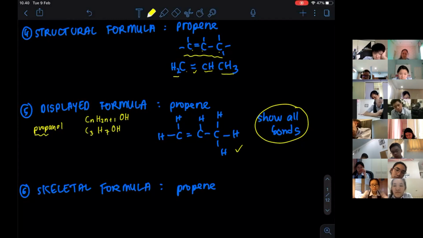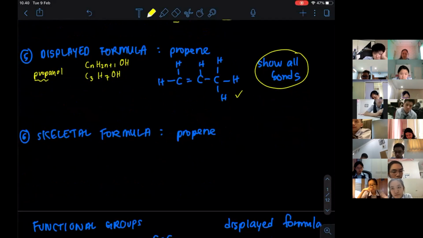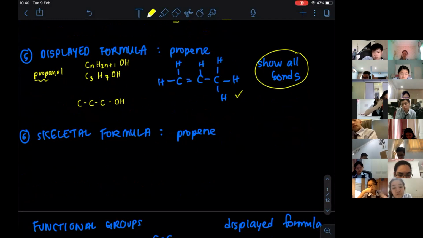So how do I draw the displayed formula for propanol? You always start with the carbon. There are 3 carbons, and then there is OH. Just put the OH over there. You can put the OH anywhere, depending on the naming. In this case, it's propanol, so let's say we just put OH over here. And then for the rest, please remember, each carbon has 4 bonds.